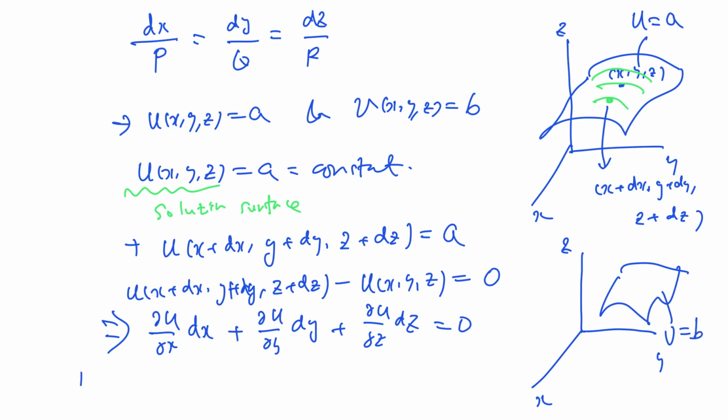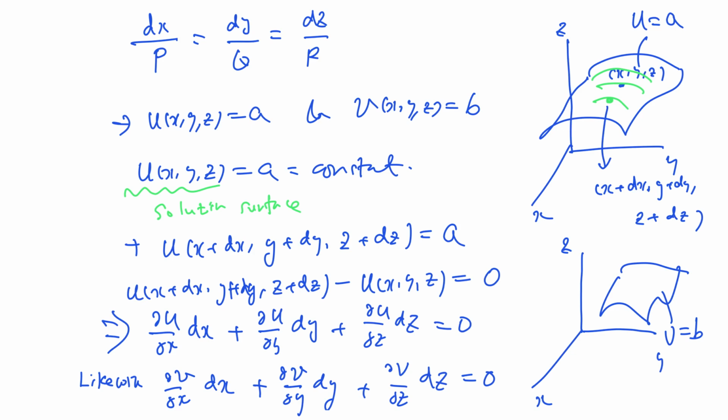Then likewise, ∂v/∂x dx plus ∂v/∂y dy plus ∂v/∂z dz is equal to 0. Check my notes.